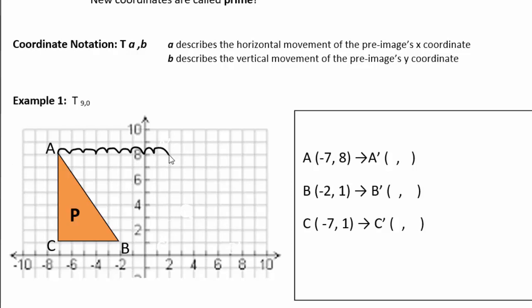And that will be the point where my new A prime will be. And then I could also count that out for C to find C prime, as well as for B. Why don't you pause the video and take a moment, see if you can find those new points.